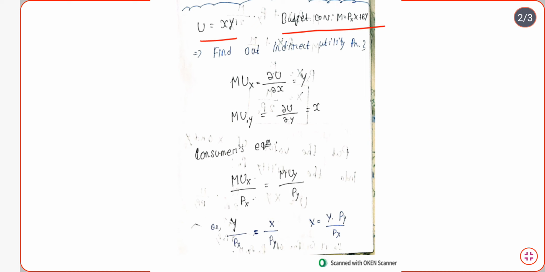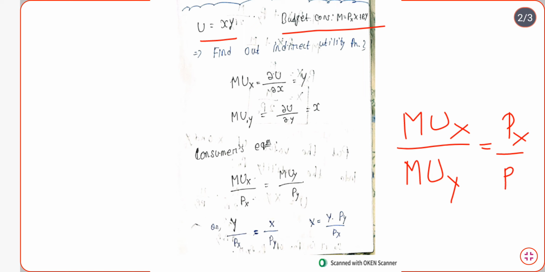As we know, the consumer equilibrium is the point where the indifference curve and the budget line intersect, and at this point the ratio of the marginal utilities of both commodities, that is marginal utility of x and marginal utility of y, is equal to the ratio of the prices, that is px by py.